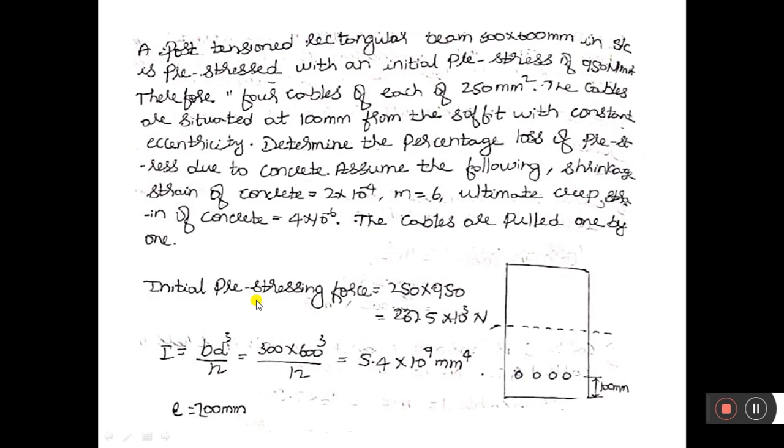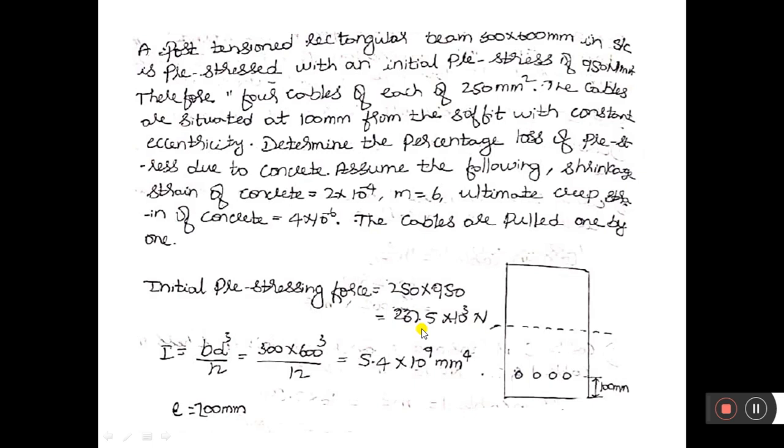The initial pre-stressing force applied for each cable is equal to 250 into 950, that is area into stress. We know stress is equal to load by area or force by area, therefore force is equal to area into stress. Therefore the initial pre-stressing force is equal to 237.5 into 10 to the power of 3 Newton or 237.5 kilonewton.